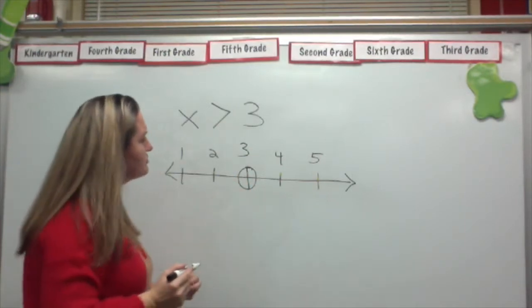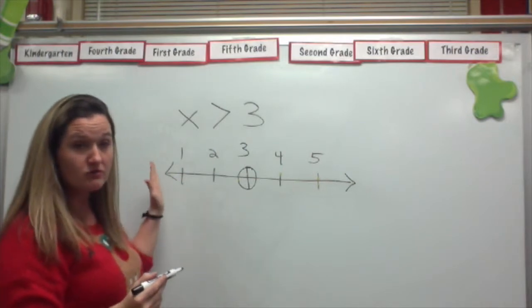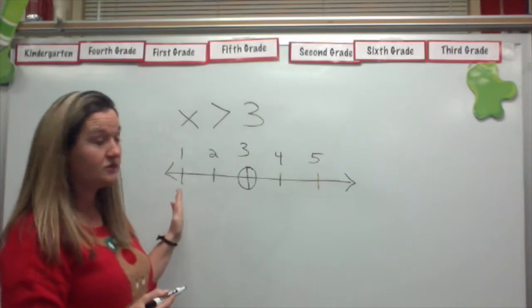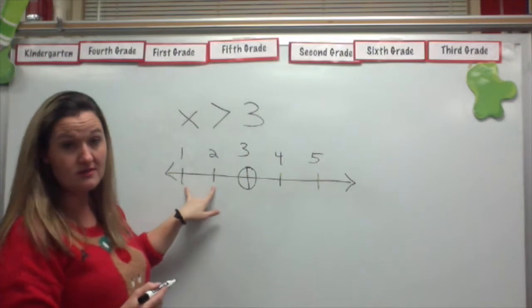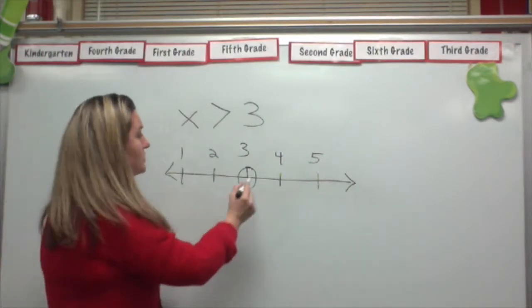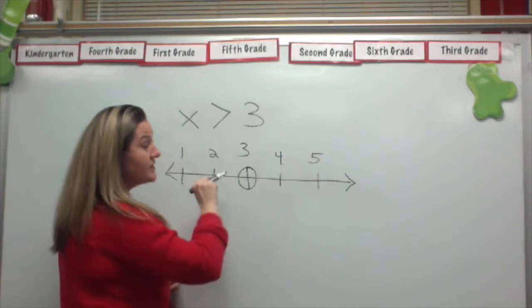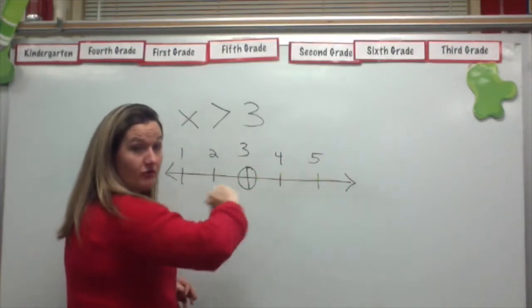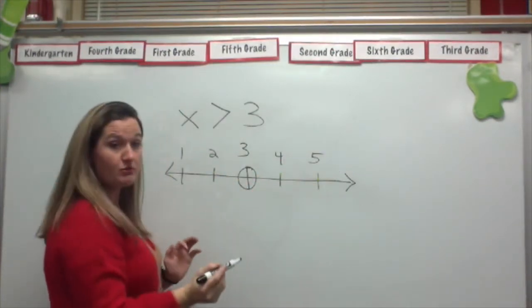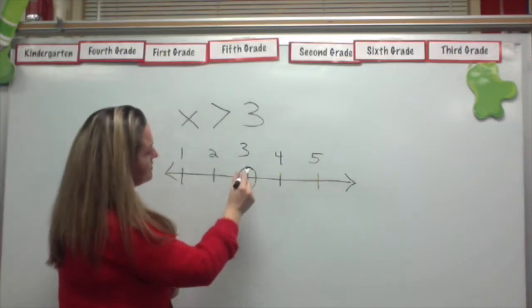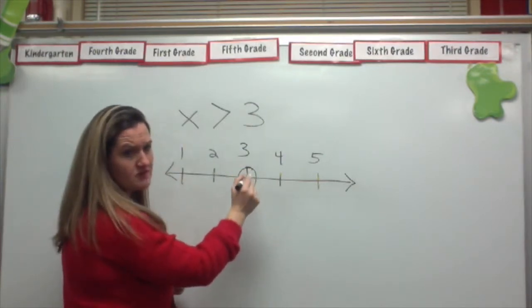Okay, so which direction on the number line would I go for all the numbers that are solutions? Are 1 and 2 solutions to this? No, 4 and 5 are. So I would go in this direction from 3 to find all the numbers. It keeps going on and on and on forever for all the numbers that are solutions. So as I graph this, I have my starting point at 3, but I leave it open because 3 itself is not a solution.